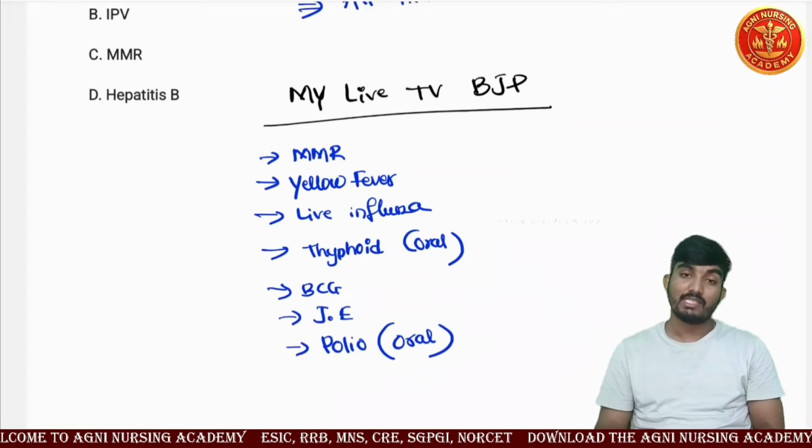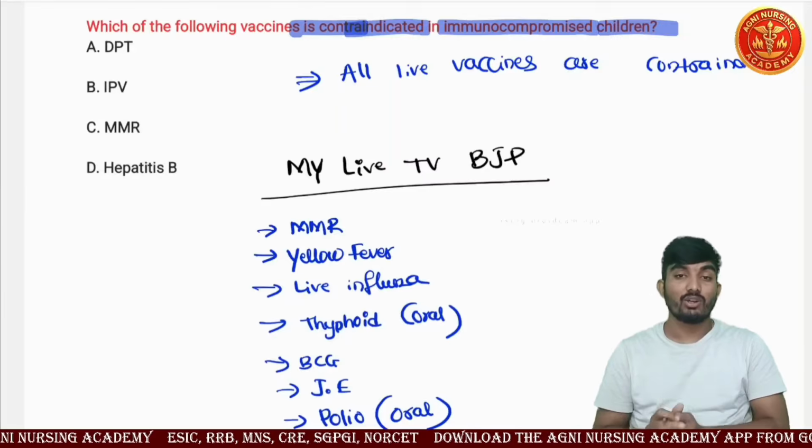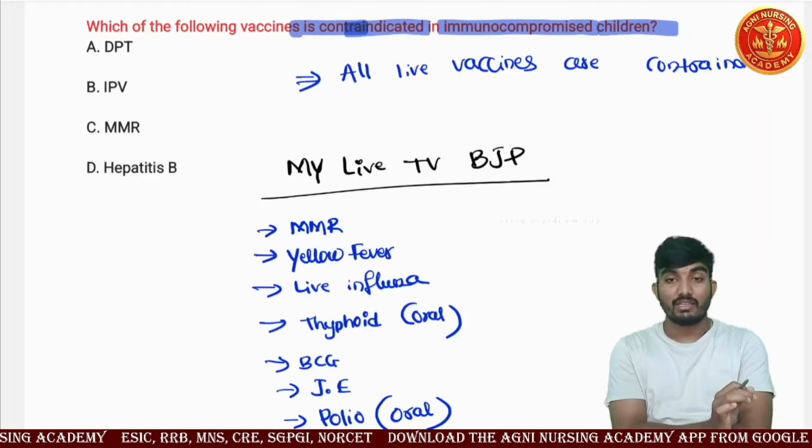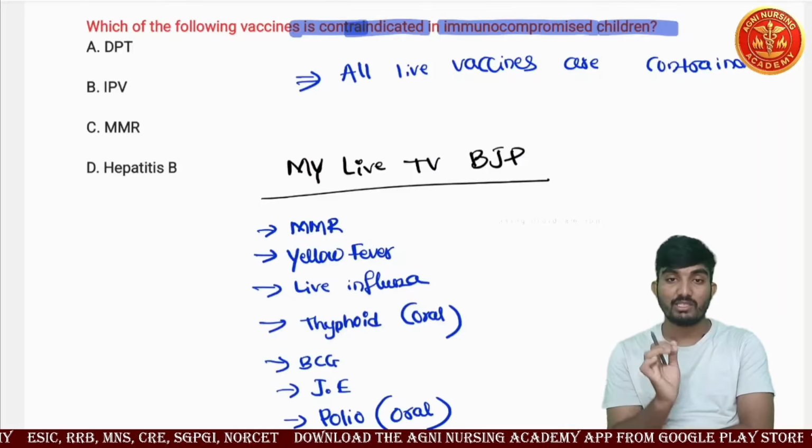These are examples of live vaccines. These are not given in a low immunity child, meaning an immunocompromised child.